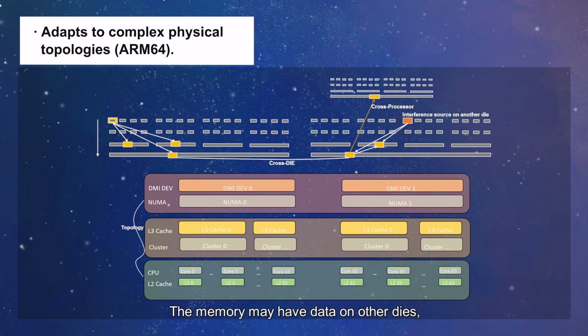The memory may have data on other dies, which may cause competition. When data is accessed from other dies, cross-processor access may occur. If CPUs on different dies use the same physical resource and the store operation is performed on the cluster, the original data may be flushed. This is a complex structure.